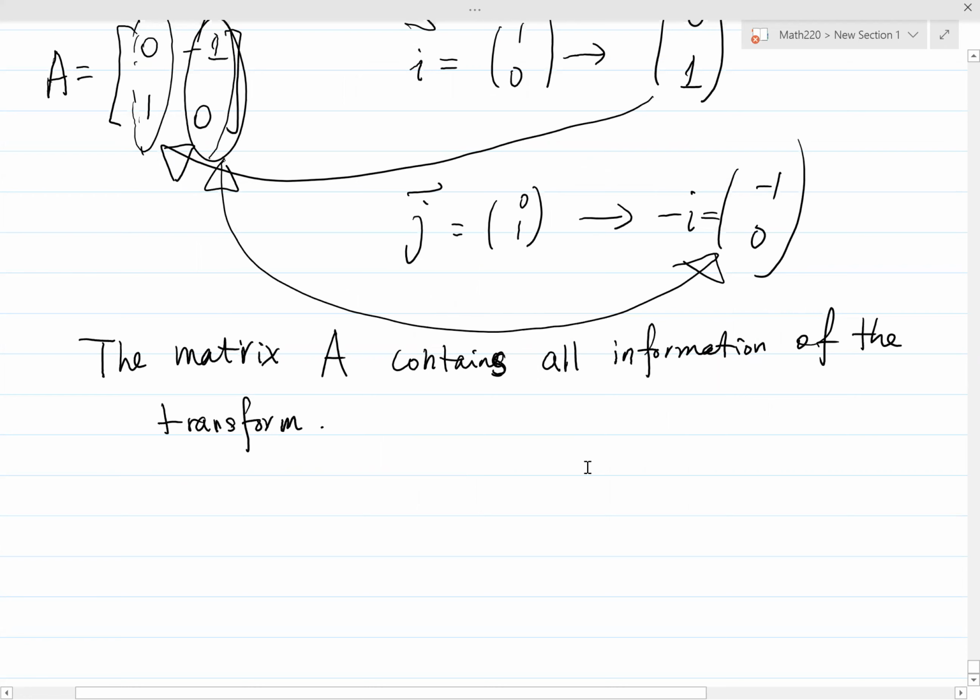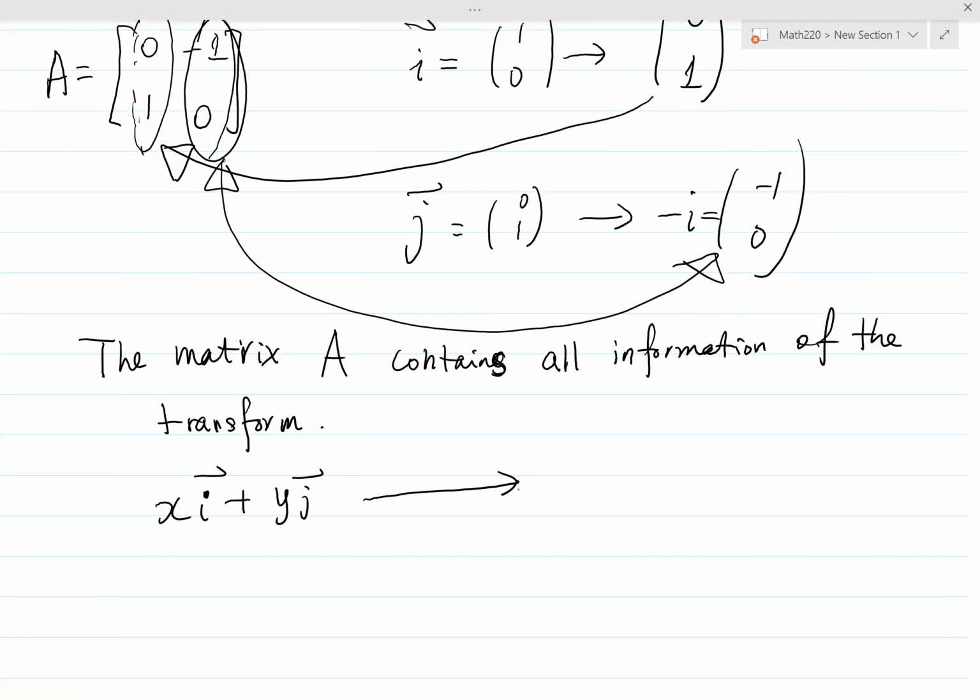For any vector xi plus yj, the general vectors in this xy plane, now we determine the output.